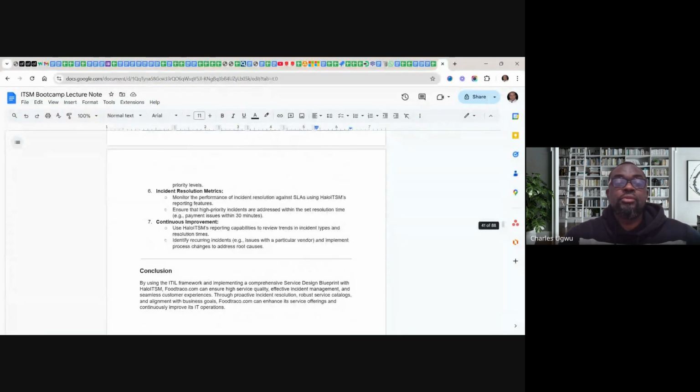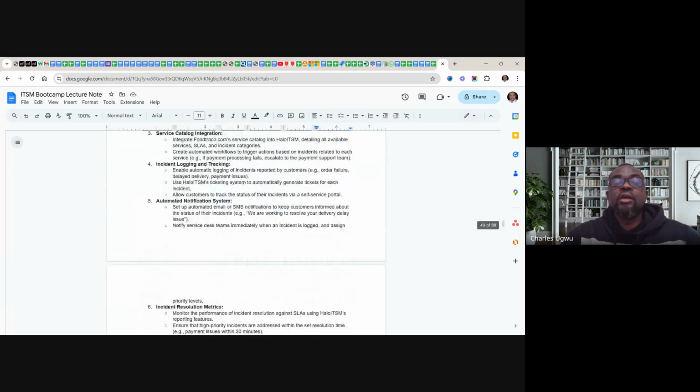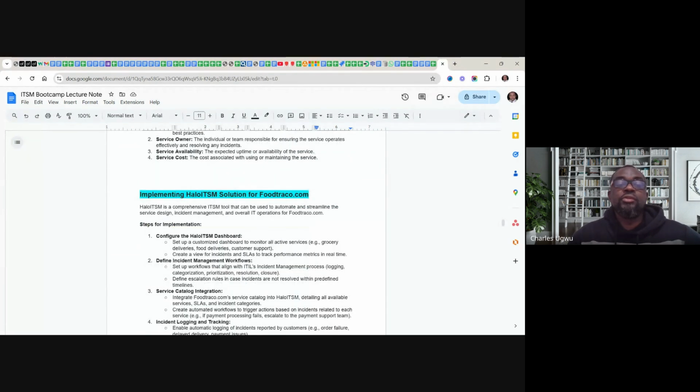I'm going to bring this forward and then bring this down. But we're equally going to implement a solution. It's going to involve a full-scale project, implementing a Hello ITSM for the company.